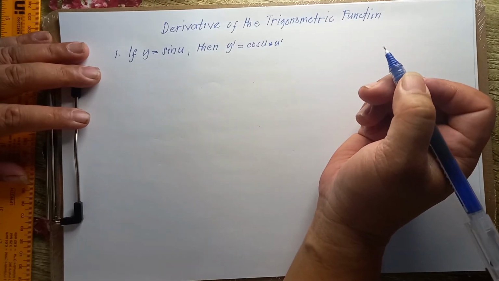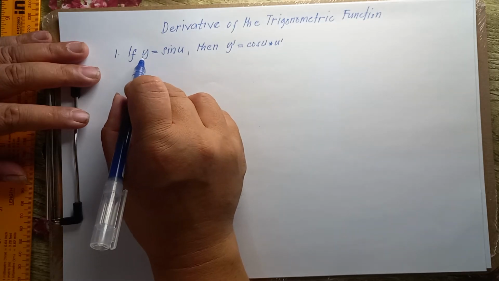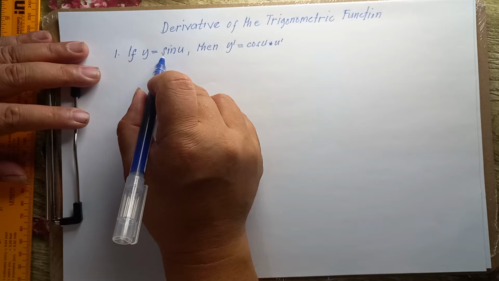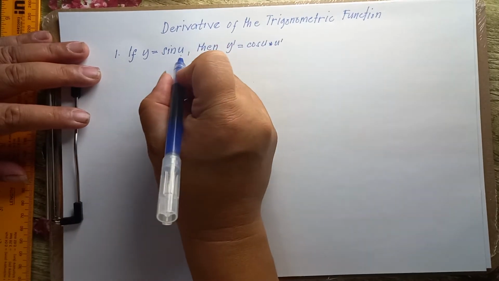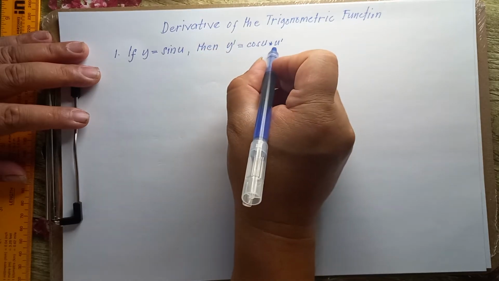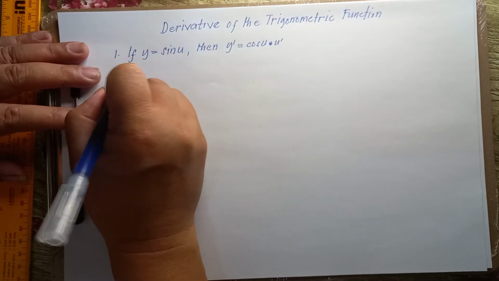So that is one rule, meaning to say, if your function is sine u, then you will just get its cosine u. Then after that, it gets multiplied by the derivative of u. So we have in here times u prime.